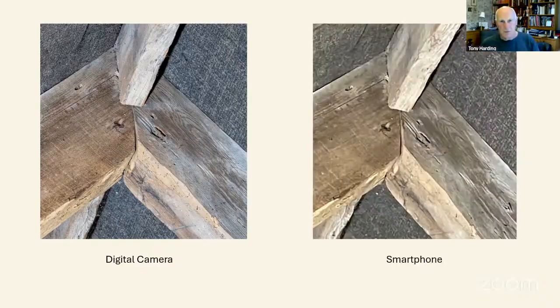You can see the smartphone one is a little bit blotchy. It's not necessarily to do with quality of the optics, quality of the lens. It's not to do with megapixels and all that stuff. It's a phenomenon called noise. It's related to the physical size of the sensor, and smartphones being compact have got a fairly small sensor, that bit of electronics that turns an optical image into a digital file.